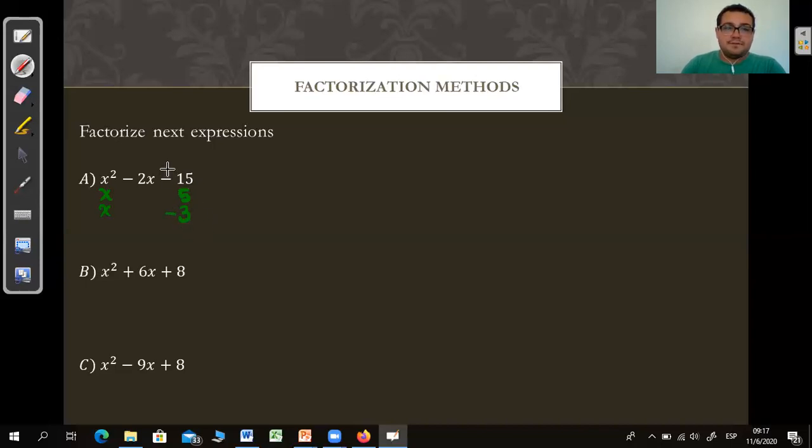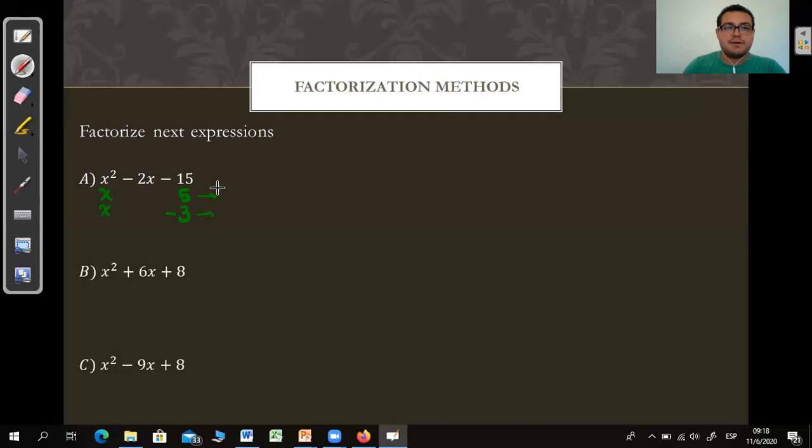Because remember, the last number is negative, so one of those must be negative. If not, when you check, you will see that everything goes wrong.